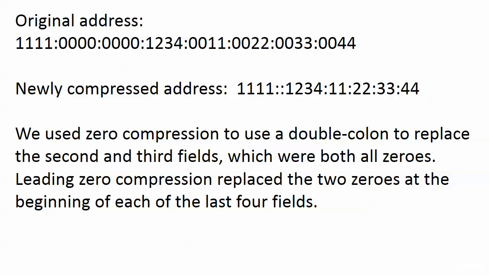We look at the original address, and you can see how far we knocked that back. And the newly compressed address, we see the double colons there, and then we see a lot of zeros dropped off. We use zero compression to use a double colon to replace the second and third fields or blocks, which were both all zeros. Leading zero compression replaced the 2 zeros at the beginning of each of the last 4 blocks.